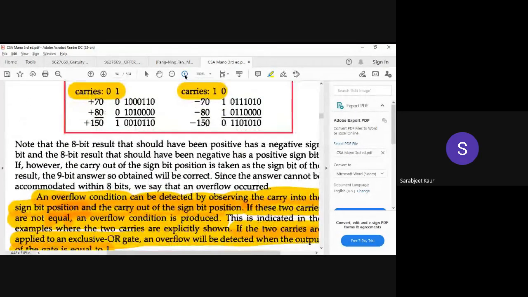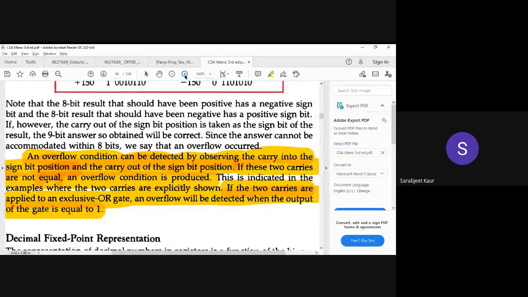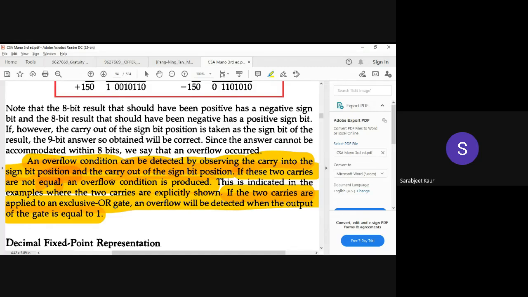If the carries coming out from the last position and from the second last position are not equal, not the same, then we say that an overflow has occurred. An overflow is always there when both the carries are not equal.